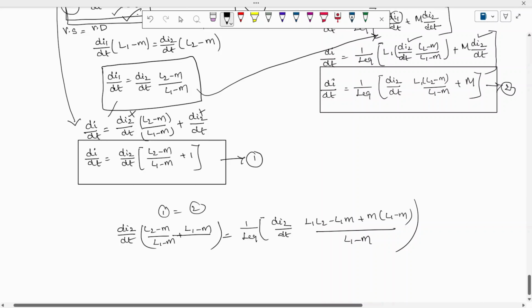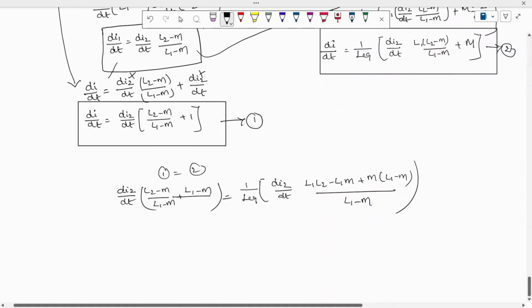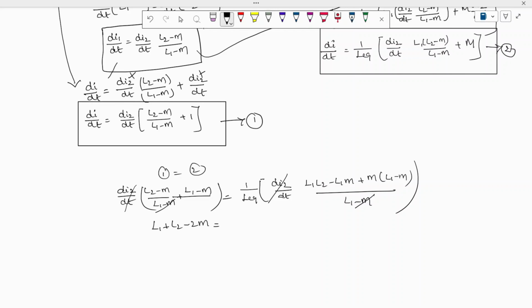And now you can see here, L1 minus M will get cancelled. So here we will get L1 plus L2 minus 2M is equal to L1 L2 minus L1M plus ML1 minus M square.